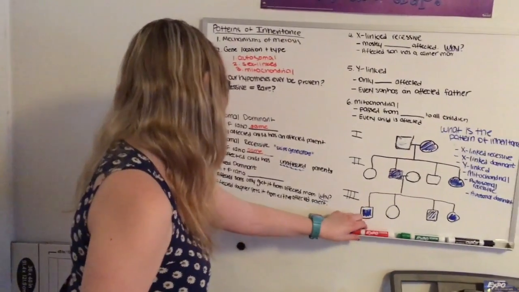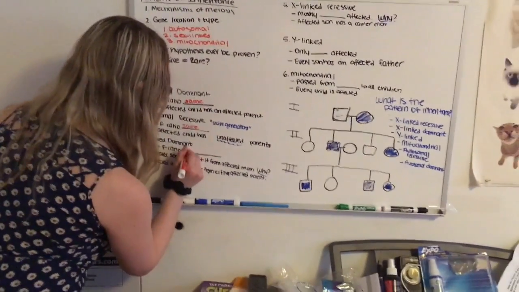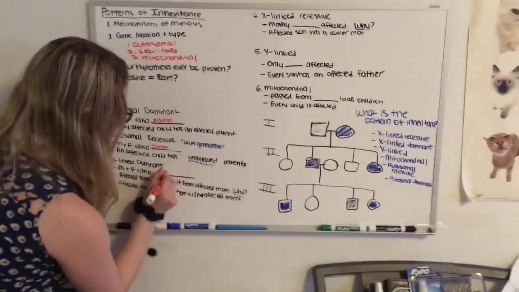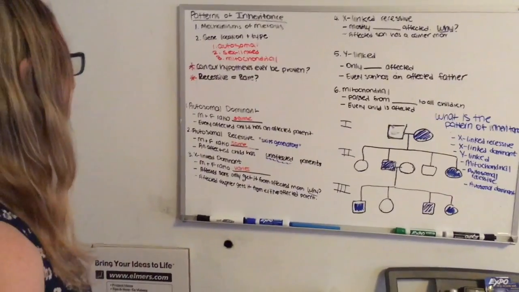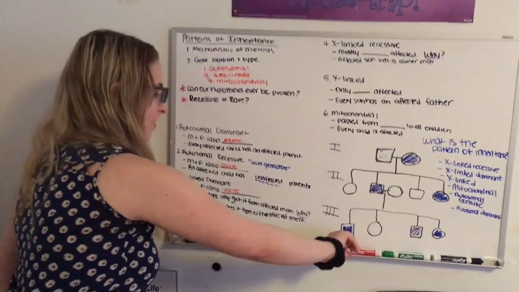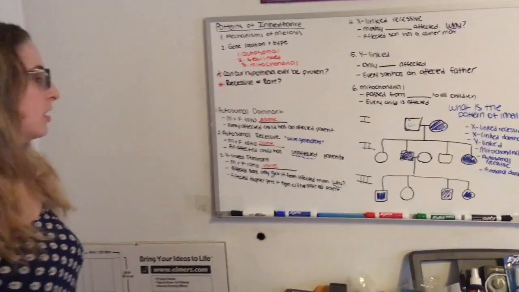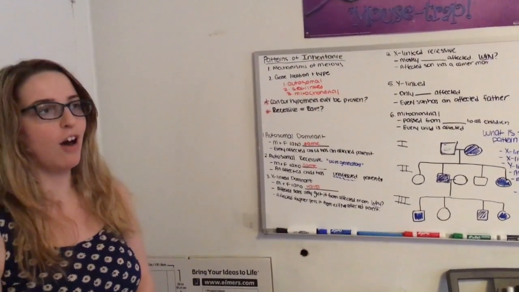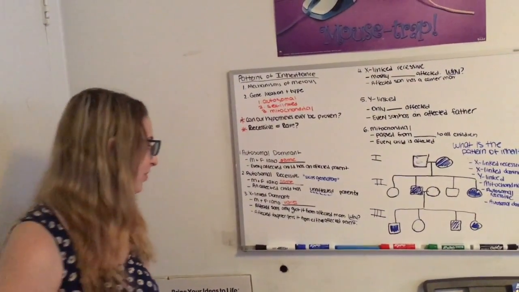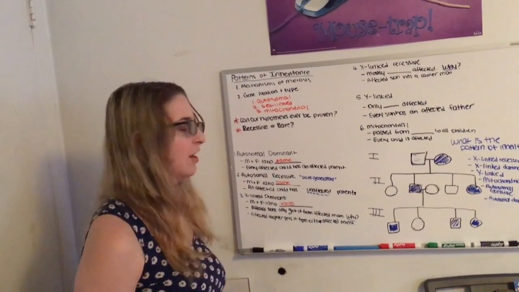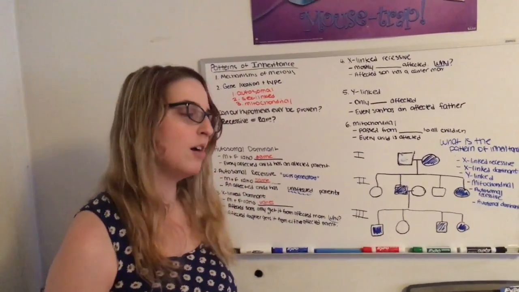For X-linked dominant, the male to female ratio varies. Affected sons only get it from their affected mom and not from their affected dad because the fathers can only pass down genes from their Y chromosome. And affected daughters can get it from either parent, from either their mom or their dad.